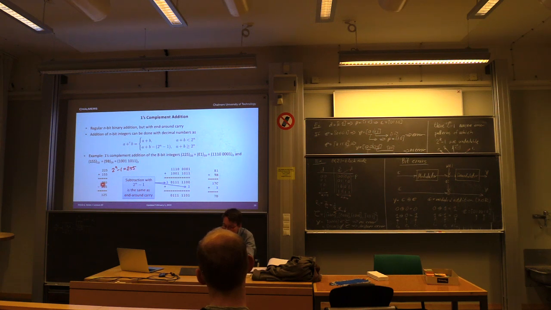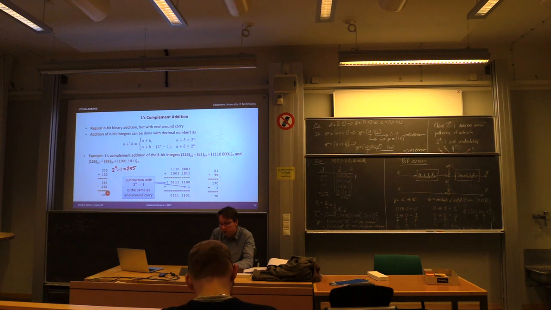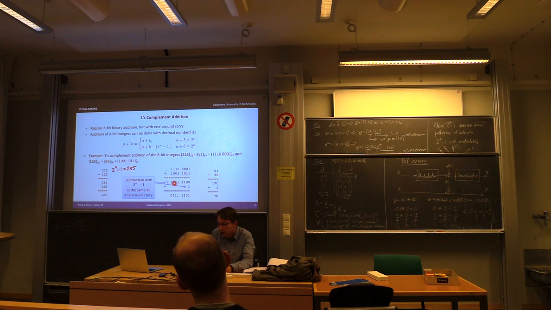Since the result is greater than 255, we subtract off 255, and then we get 125, and this will fit into 8 bits. It's easier to see this in binary form, so we take these two binary numbers, add them together, and then we get this bit that goes over to the left outside. So we have now 9 bits, and we put that down here, and we add that, and then this result will be the 8 bits.